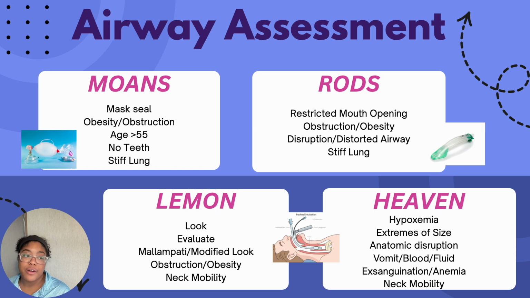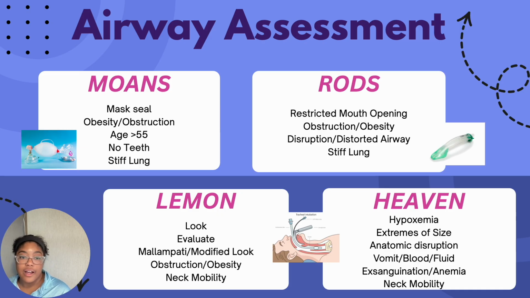Last but not least, we have our HEAVEN mnemonic. So again, HEAVEN is better for VL, and I think the out of hospital intubations. HEAVEN differs from some of the other mnemonics and assessment techniques because not only does it take into account anatomical considerations, but it also takes into account physiological factors, especially when you're considering things like RSI.